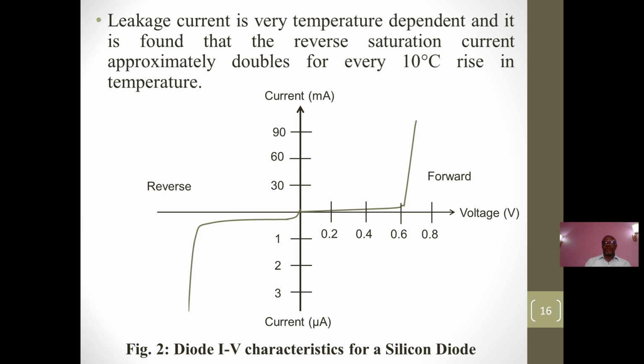To the right is the forward bias. As the voltage is increased in the forward direction, as we said in the diagram of the diode, current flows in the direction of the arrow.